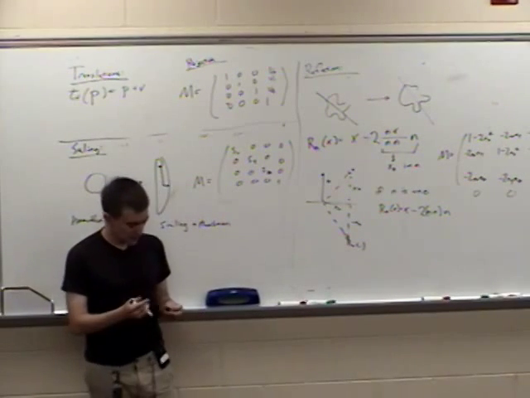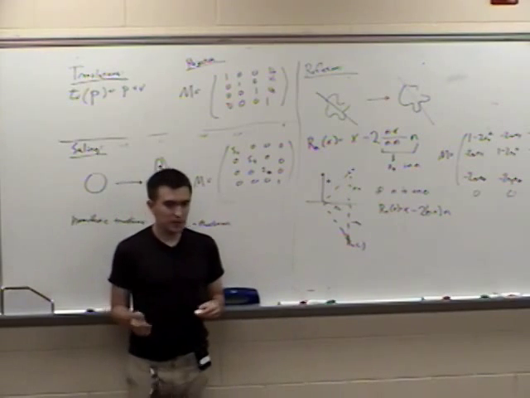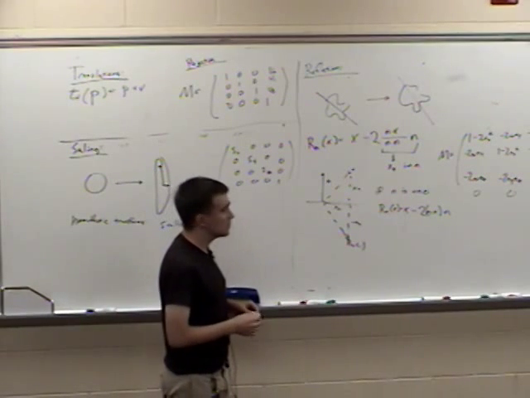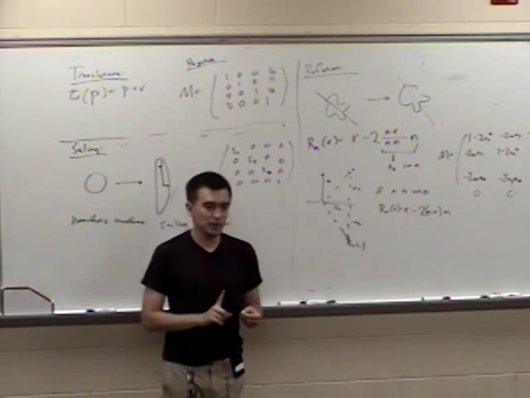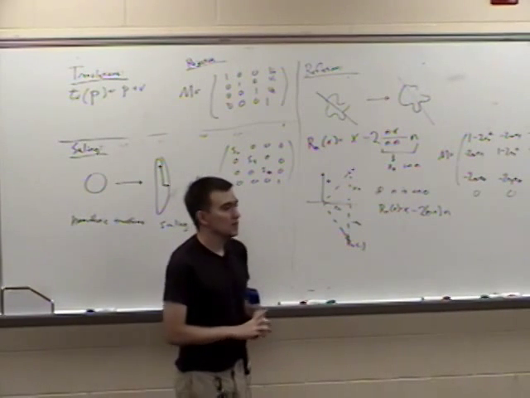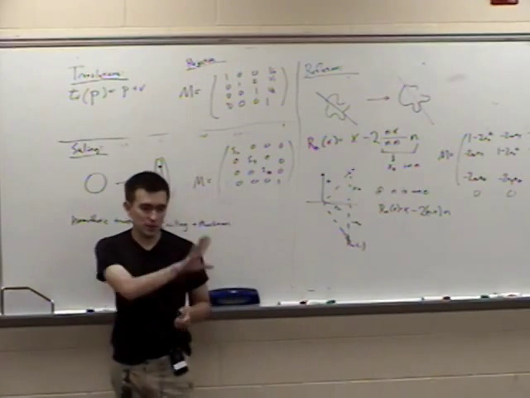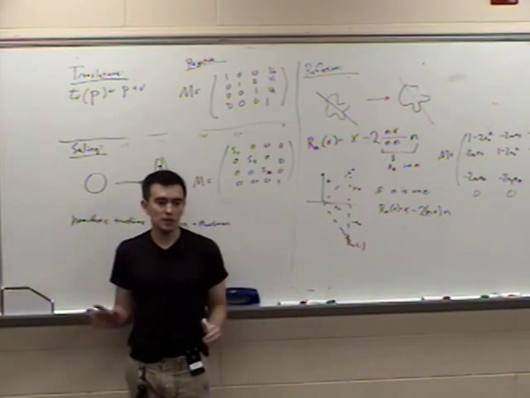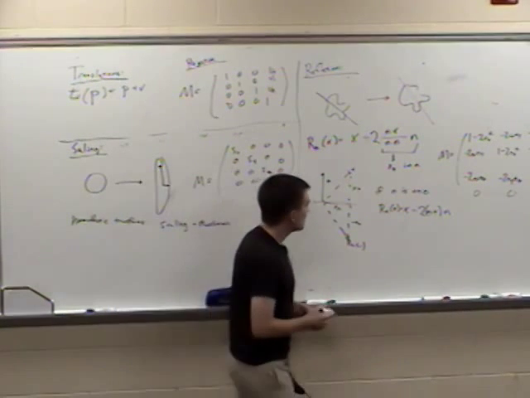Now, reflections are interesting because the composition of multiple reflections is not necessarily a reflection, as it was in the case of these other things. But it's an instance of a more general class of transformations called orthogonal transformations.